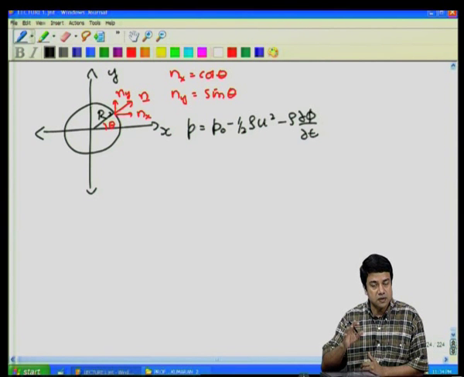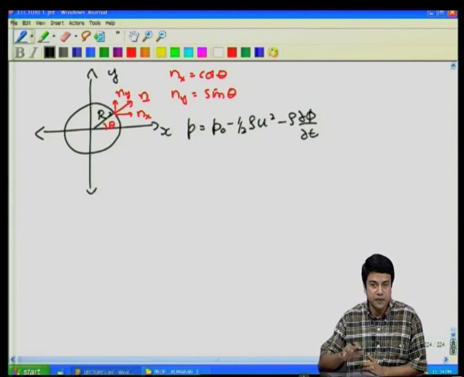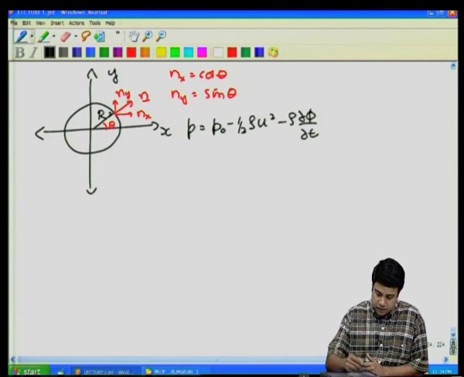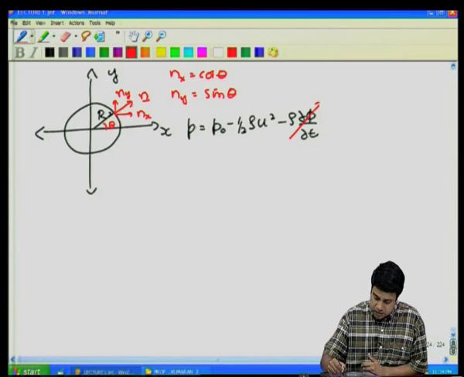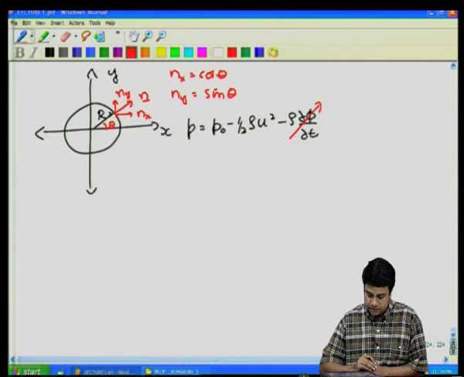This is not a flow where we have a cylinder moving at constant velocity with respect to the fluid. In this case, as we have defined it, the cylinder is stationary and the fluid is coming in, and for that reason the partial phi by partial t term is equal to 0. So, P is just equal to P naught minus half rho u square.